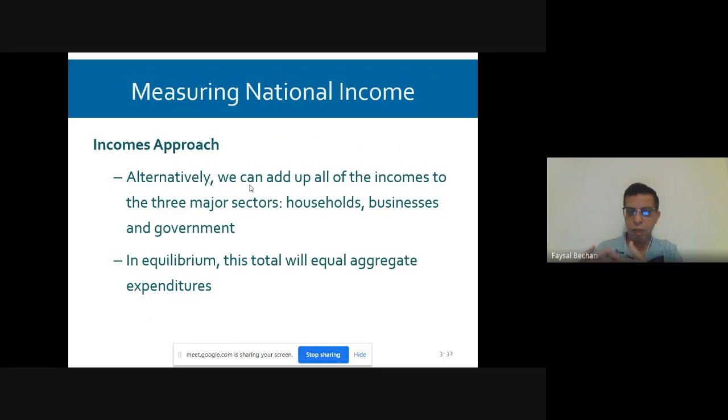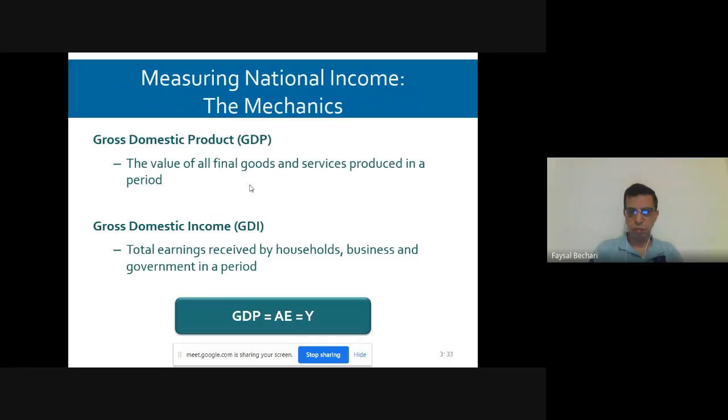The total will be equal to the aggregate expenditures of household, business, and government. This is why sometimes you see the government increase the expenditure if the economy is slow, and once you see the business is booming but there is high inflation, the government will hold on the spending.